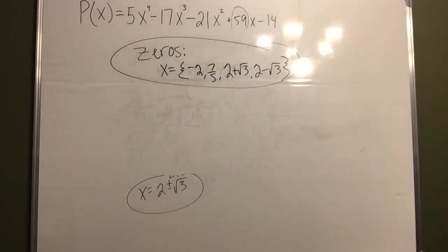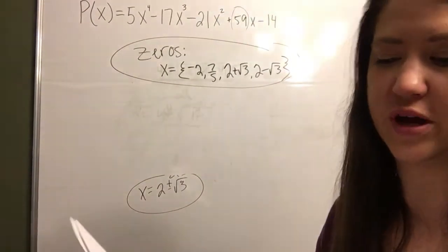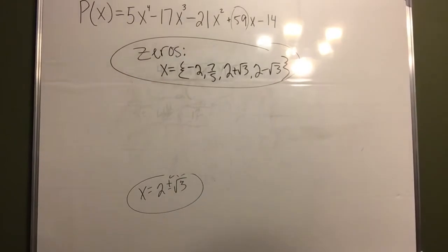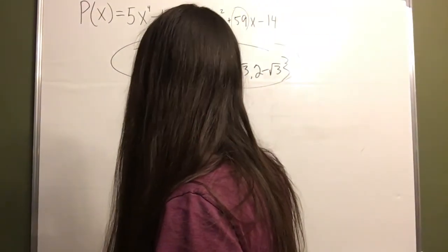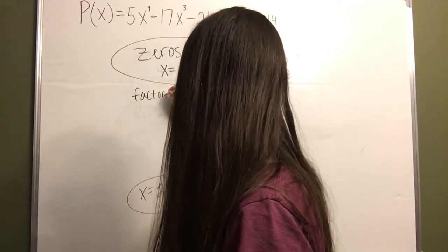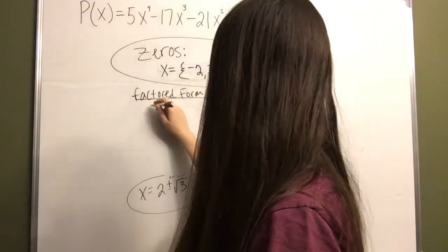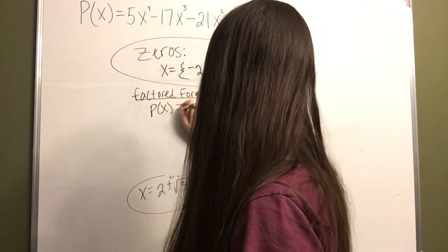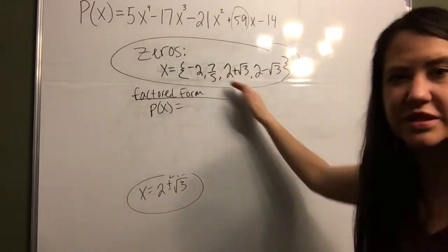What did the notes ask for? I wrote the notes, right? Oh, okay, find the zeros and write it in factored form. So for factored form, P of x is always gonna be x minus whatever these zeros are.